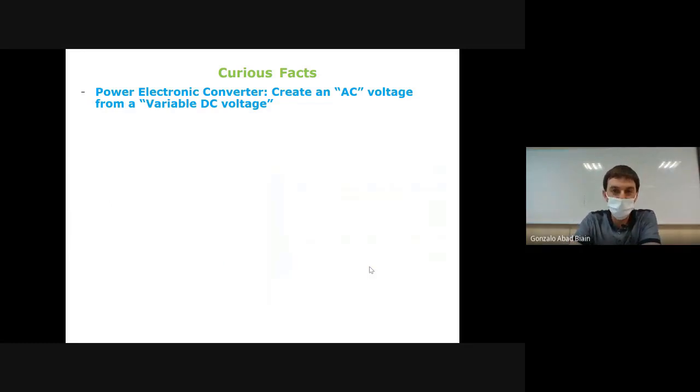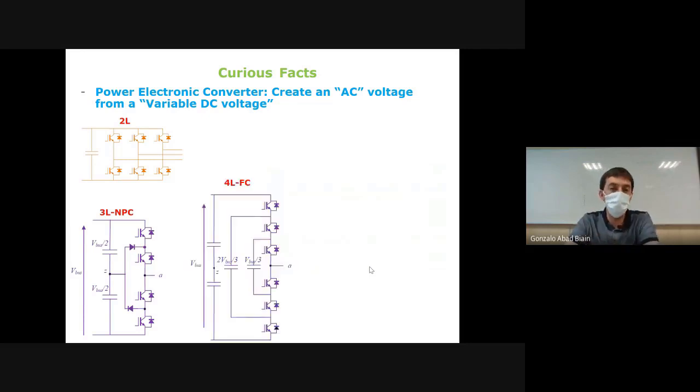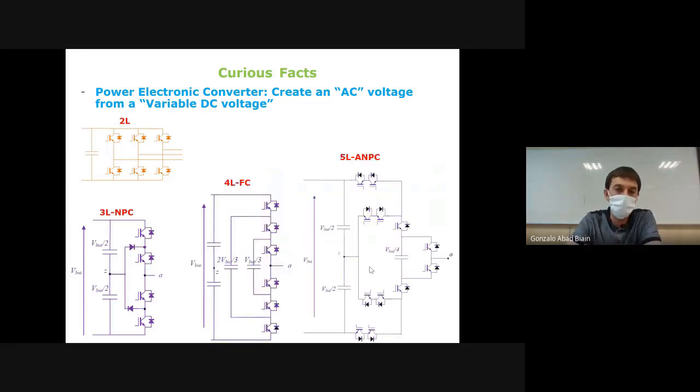Okay. In order to do that, we have different power electronic converters. And the reality is that in the future maybe it is not going in this direction. Probably both directions will remain open, but with silicon carbide semiconductors, the wide band gap semiconductors, the tendency is to switch at higher frequencies.